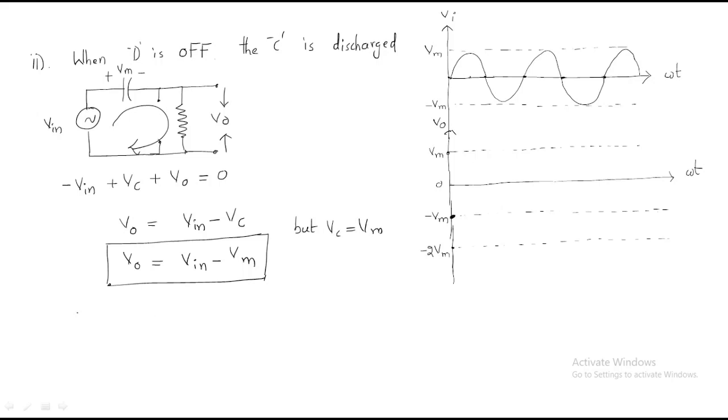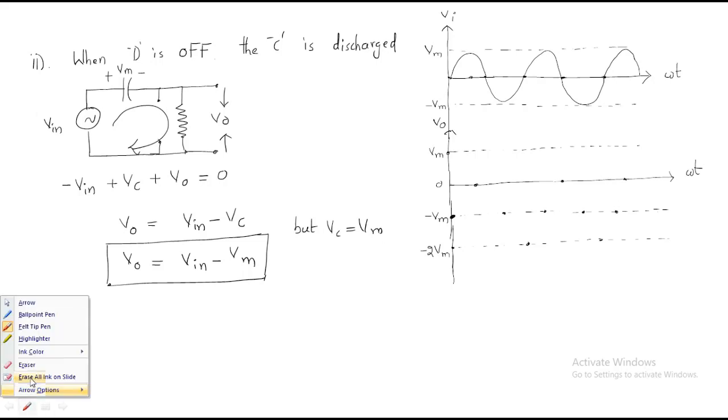For input Vm, it reaches 0. For input 0, again it reaches minus Vm. And for input minus Vm, it reaches minus 2 Vm. Again minus 2 Vm. So this is the flow it will follow.